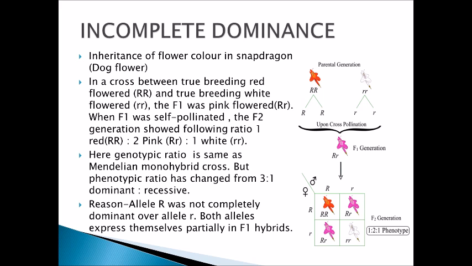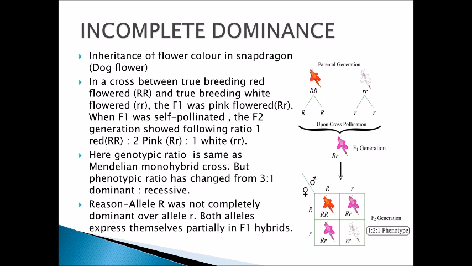In that case, in the F2 generation, we got 3 tall plants and 1 dwarf plant. So here the phenotypic ratio changes. It does not remain 3:1 as it was shown in the earlier Mendelian monohybrid cross.